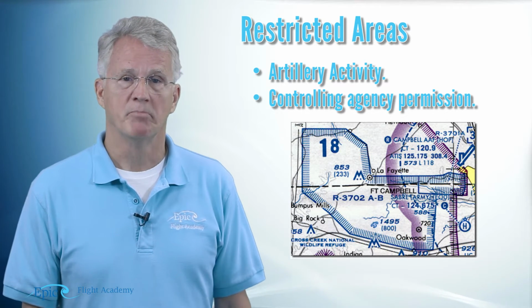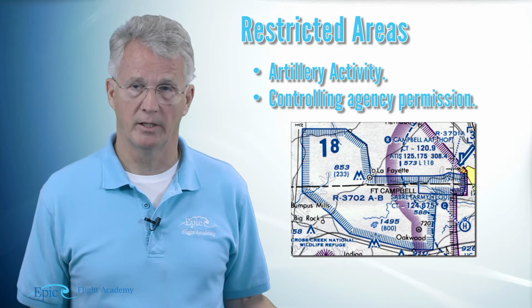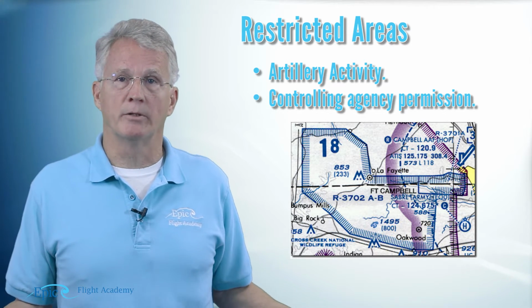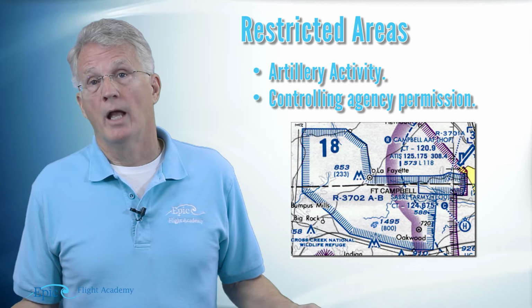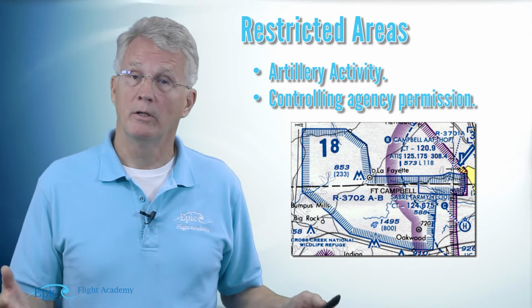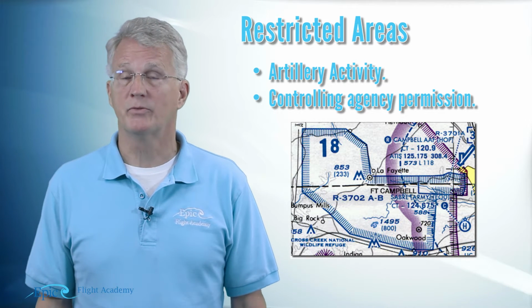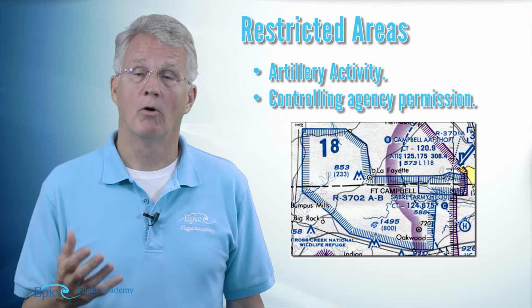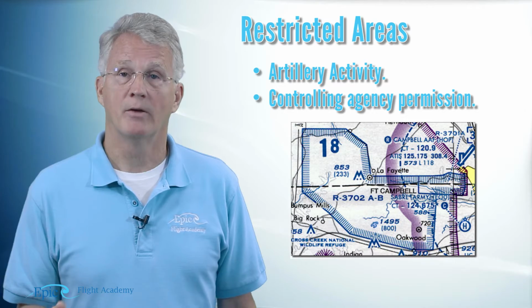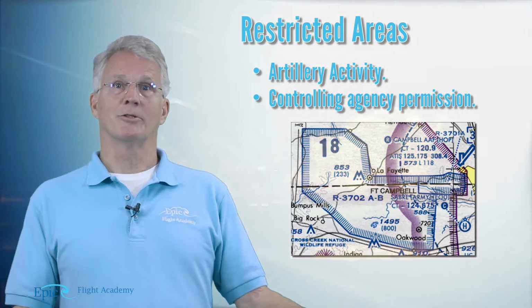Sometimes there might be artillery activity near some military training base, or as the case is here in Florida, we fly near Titusville. Well, Titusville is the home of NASA, and we continue to have rocket launches. That's kind of a cool thing to see if you live down here in Florida.